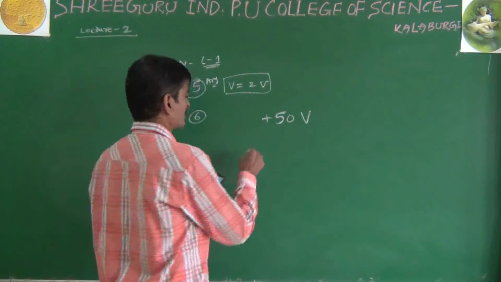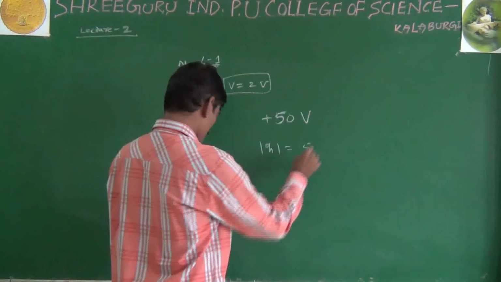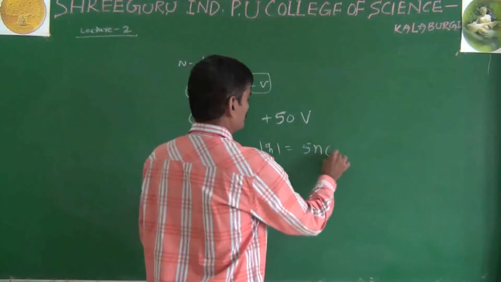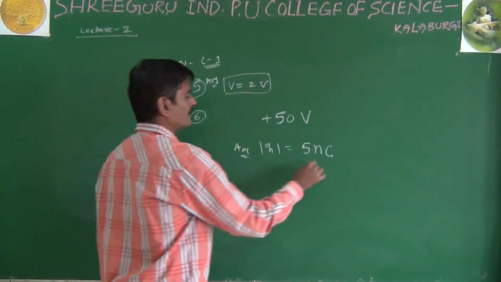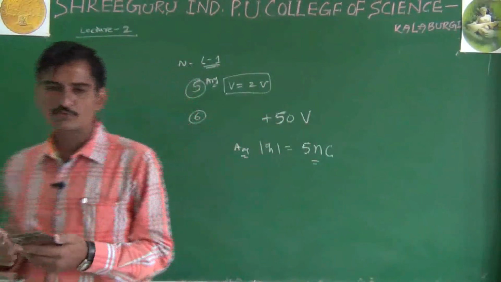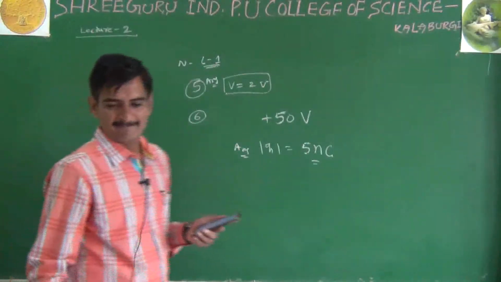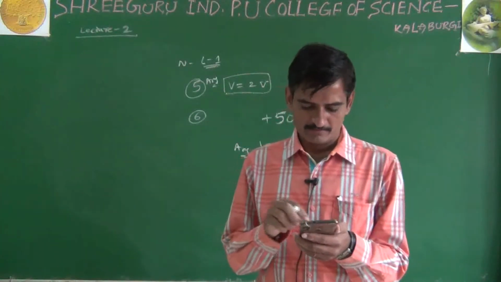The magnitude of the charge comes out to be 5 nanocoulomb. Okay. Next, one more question is there. We try this one.